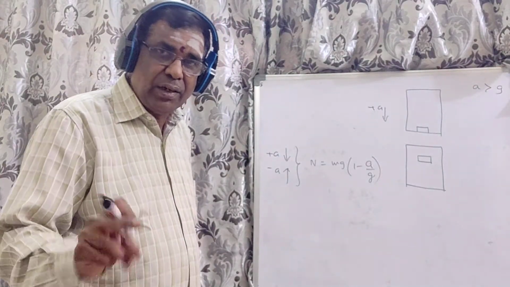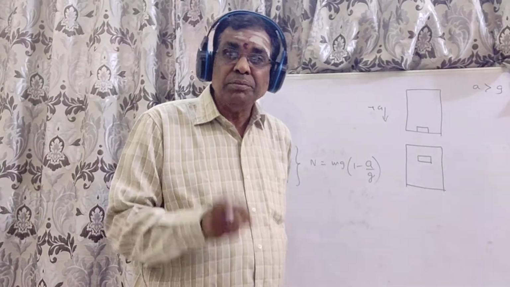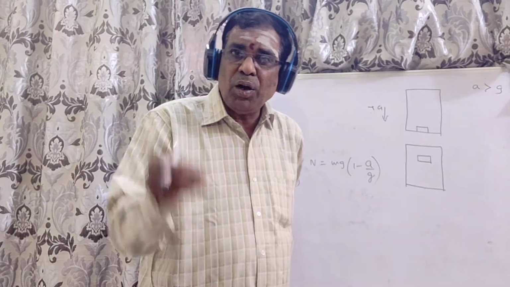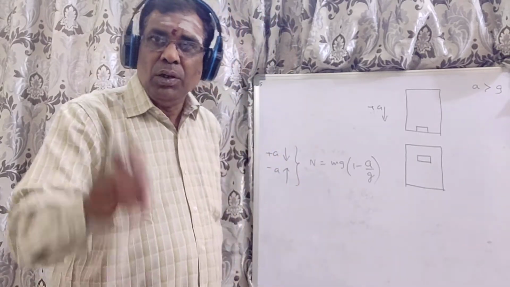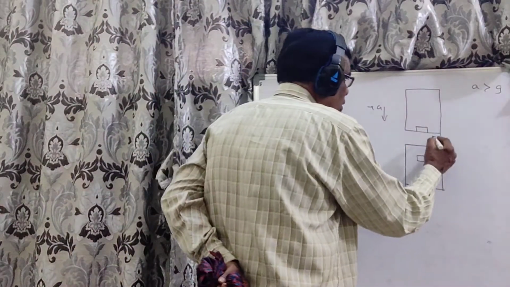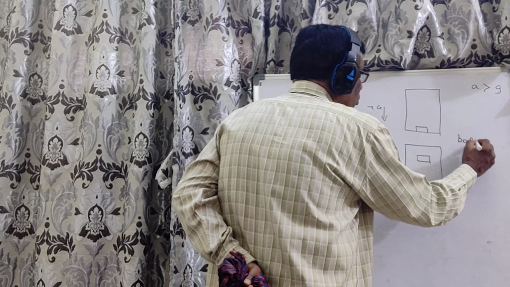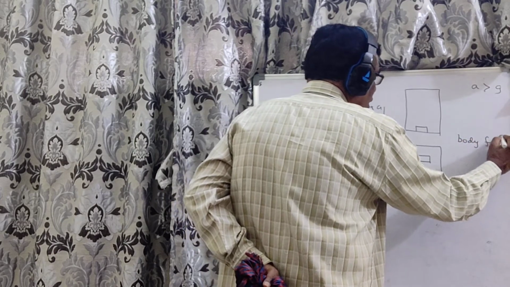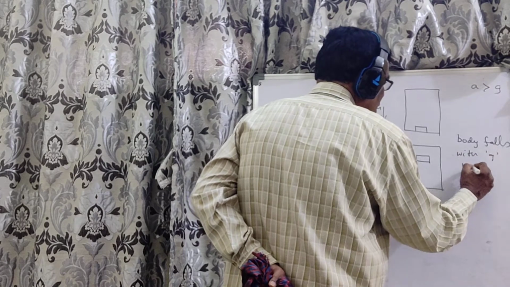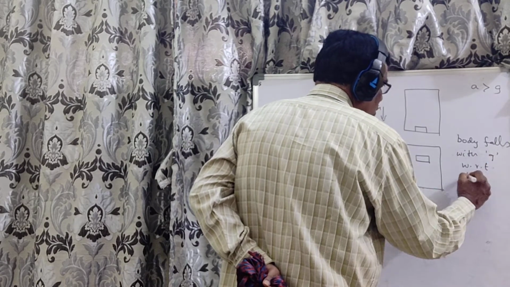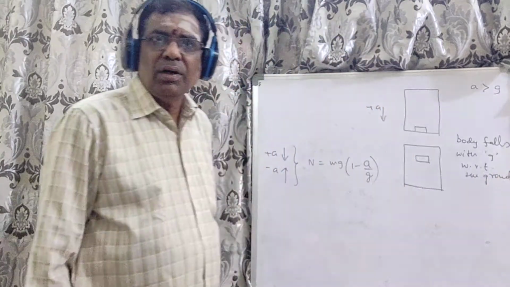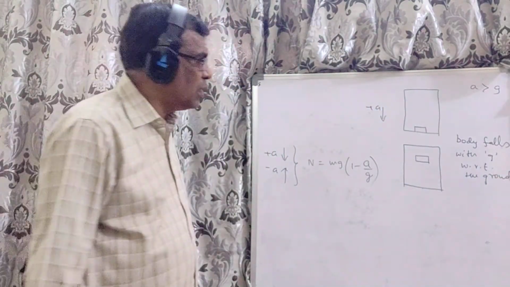The elevator is accelerating down; what will happen to the body? The body also falls down. With what value? It is a freely falling body, so the body falls with g with respect to the ground.